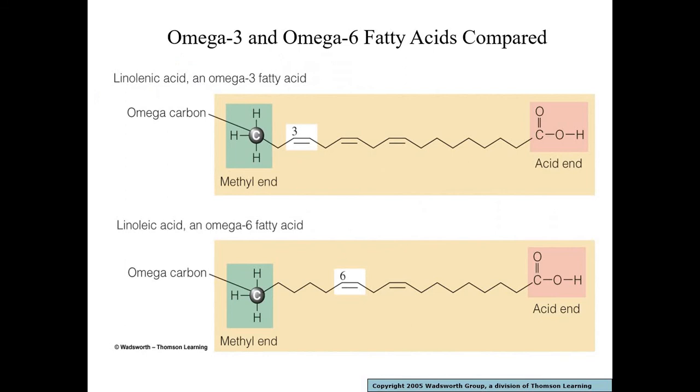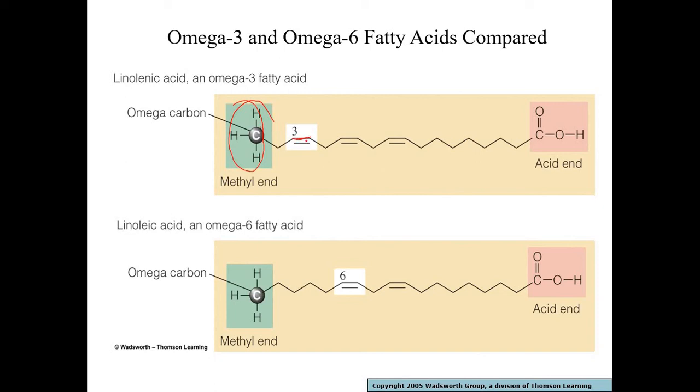To name this using the omega naming system, you start with the methyl end. You start counting at the carbon from the methyl end, not from the carboxyl end. For example, for linolenic acid, that's carbon 1, 2, 3.